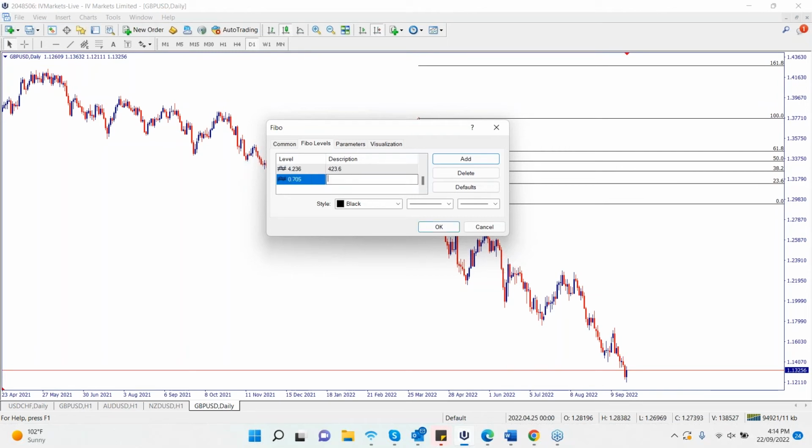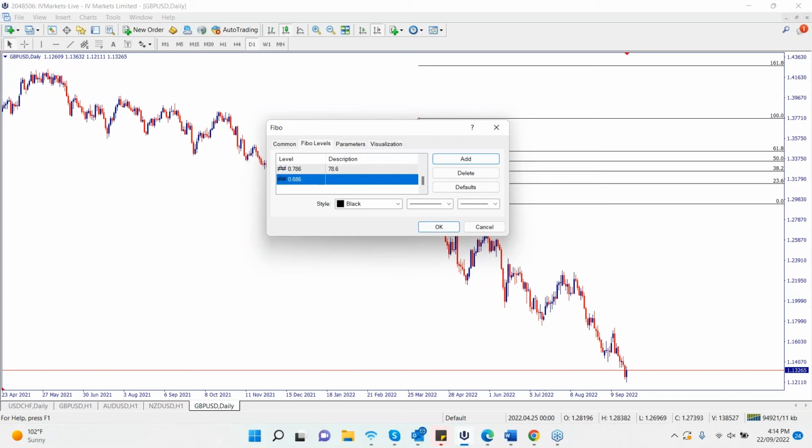70.5, right? So this is added. Add another level, 0.786, and in the description you write 78.6. And the next, also a very important level, is 0.886, and in the description you can write 88.6.